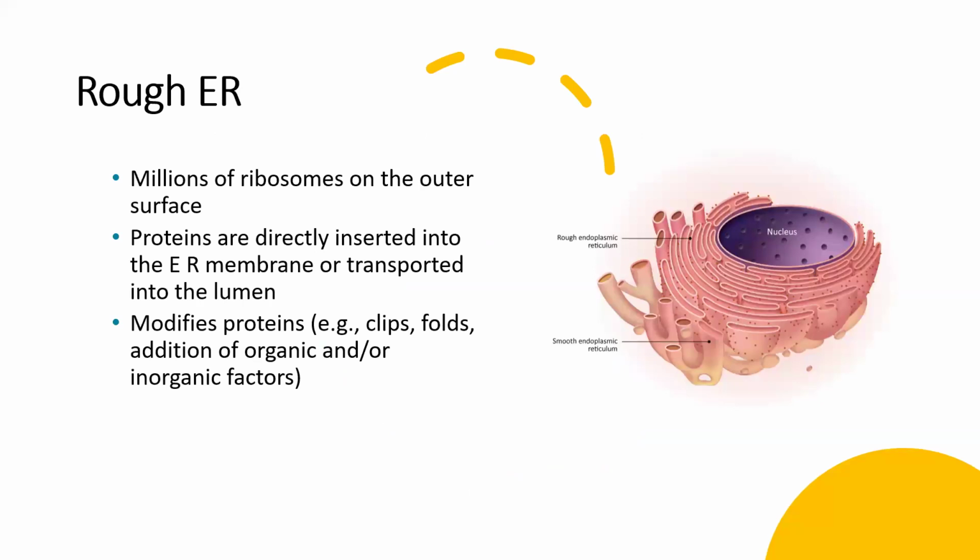Now, when we're talking about the rough ER, it's called rough because it's got the ribosomes on the outer surface. Proteins are directly inserted into the ER membrane, and they can be transported into the lumen. And you can make modifications to these proteins, such as clips and folds.